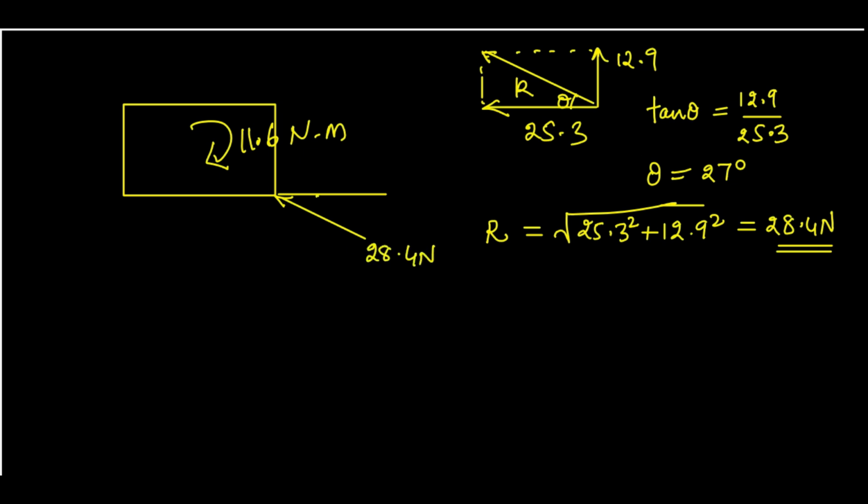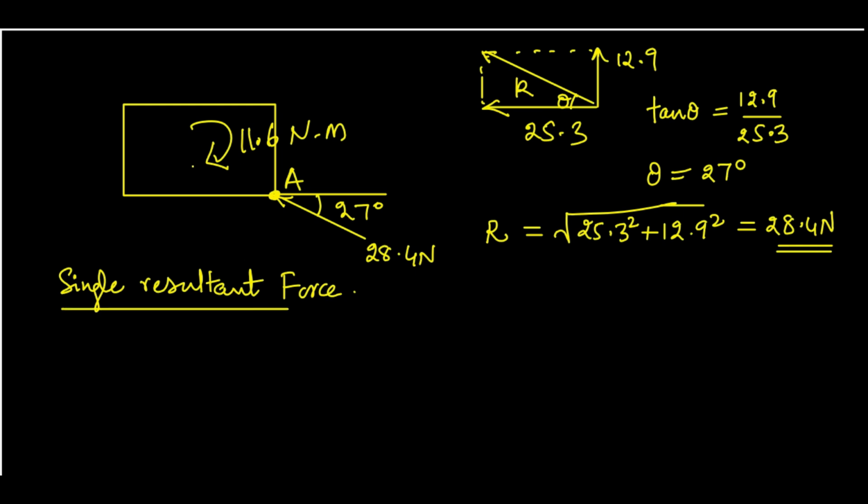So here you have 28.4 newtons acting at an angle of 27 degrees. Now we can reduce this further to a single resultant force acting on the body. Okay.